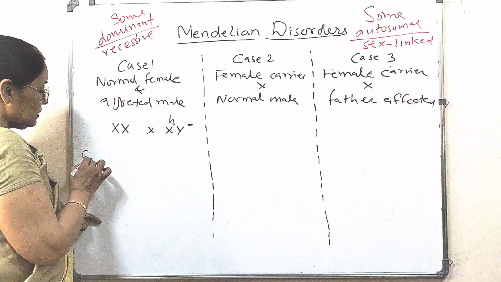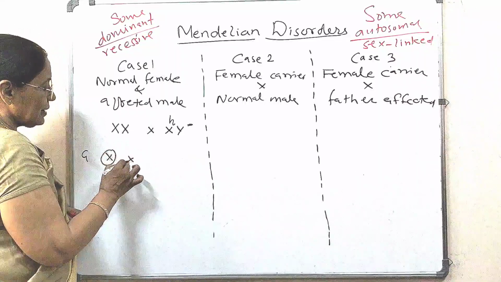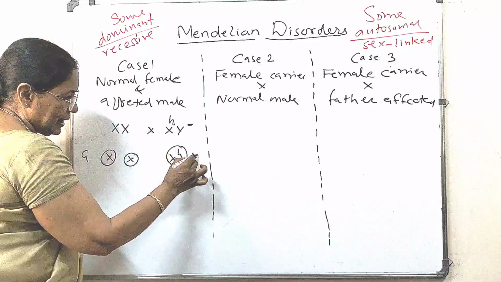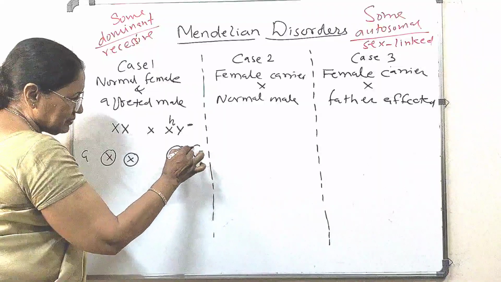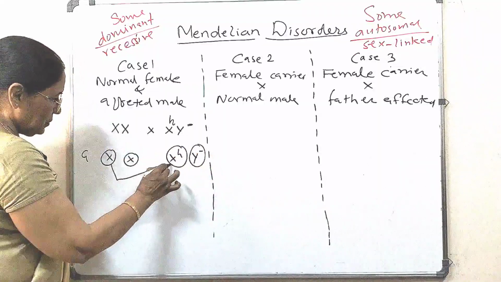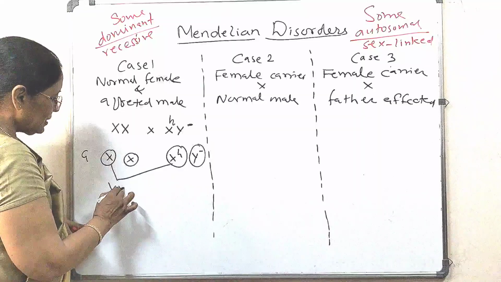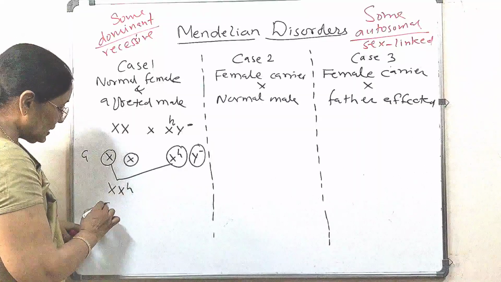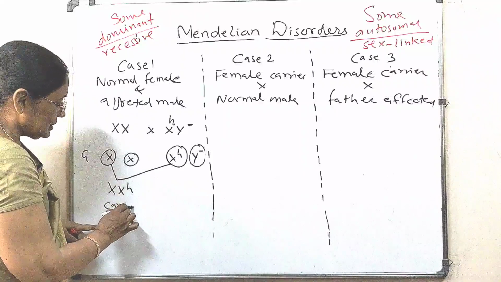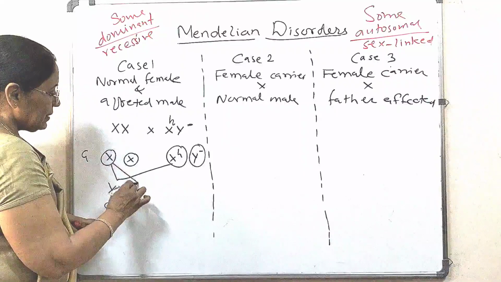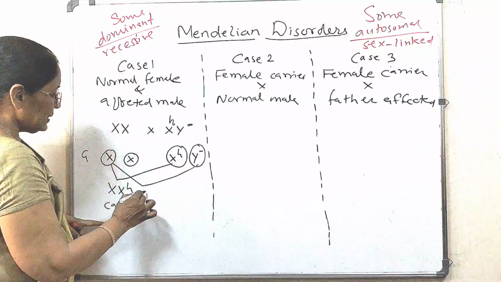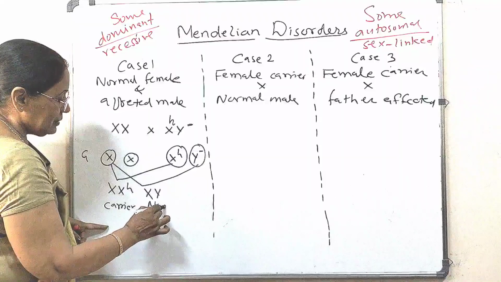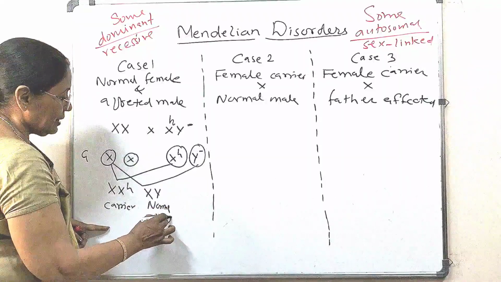So what are the gametes? Here it is X, and then here it is Xh and Y minus, Y minus. Now this one is XH, which means this is the carrier daughter. The next one, this is XY, so this is a normal male.